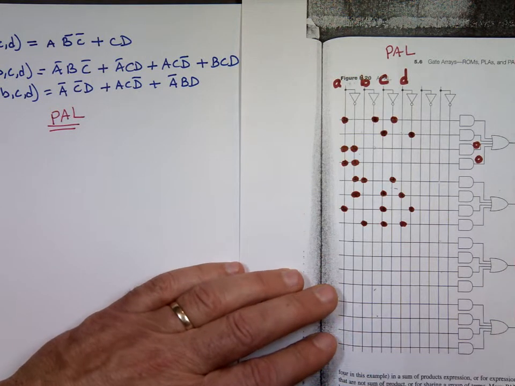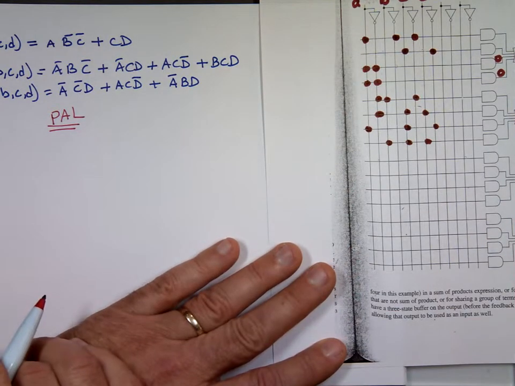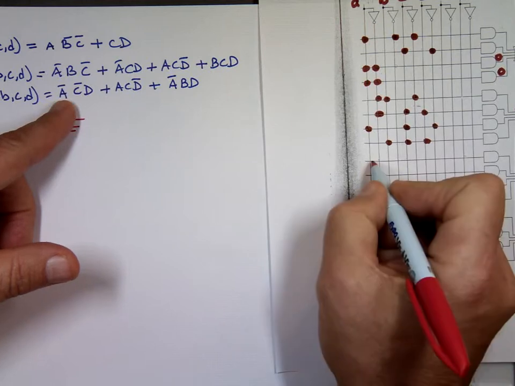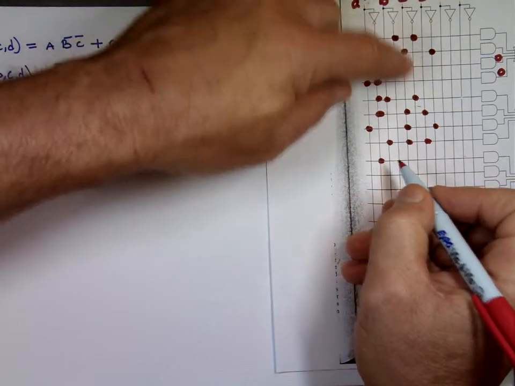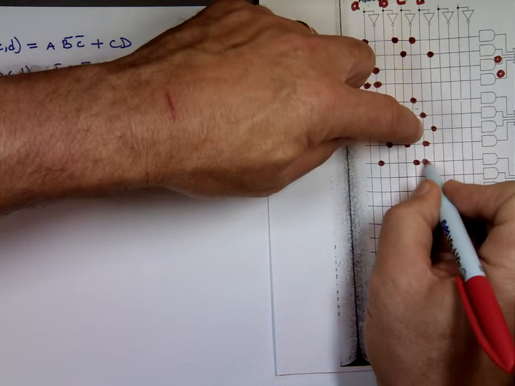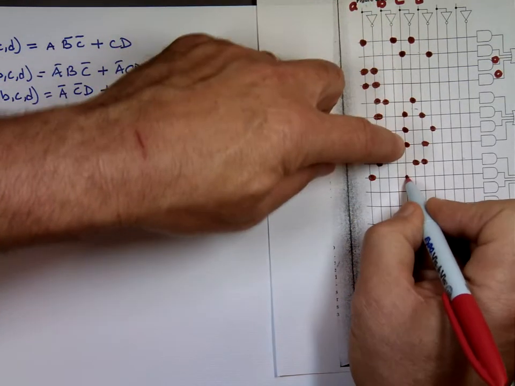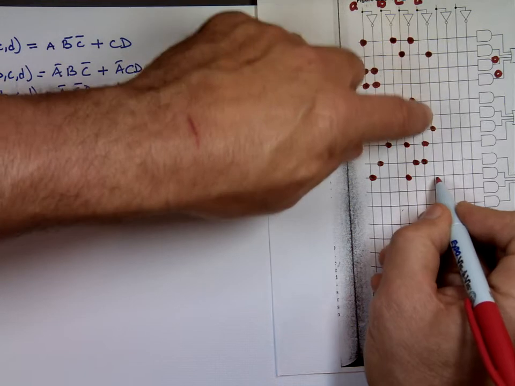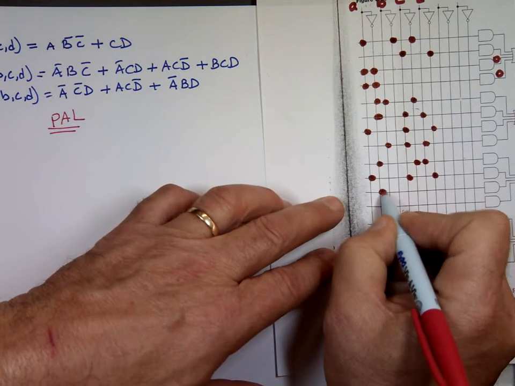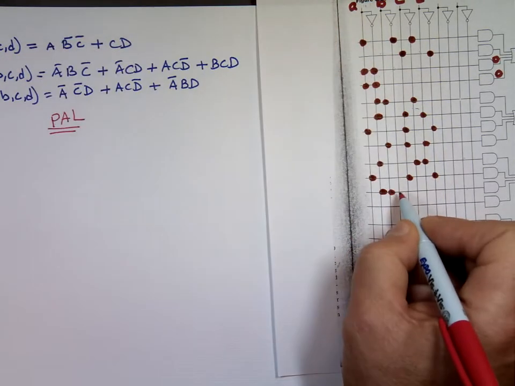That's H. And the last one is G. G is going to be A naught, C naught, and D. The next one is A, C, and D naught. And the last one, A naught, B, and D.